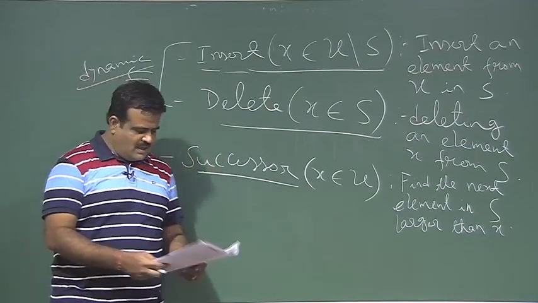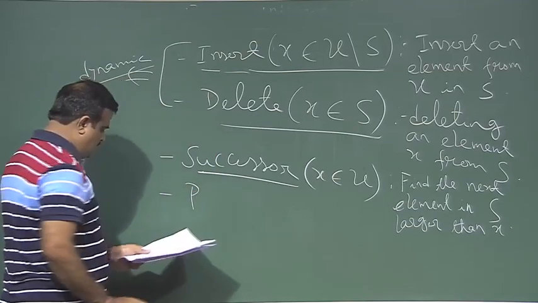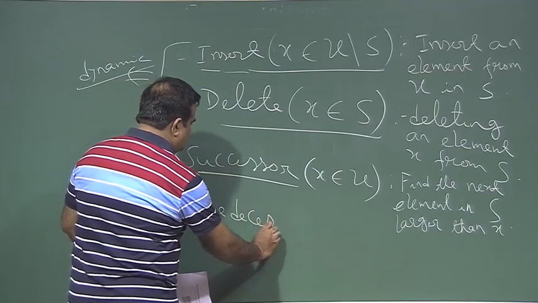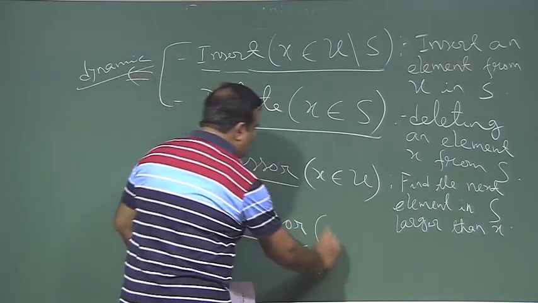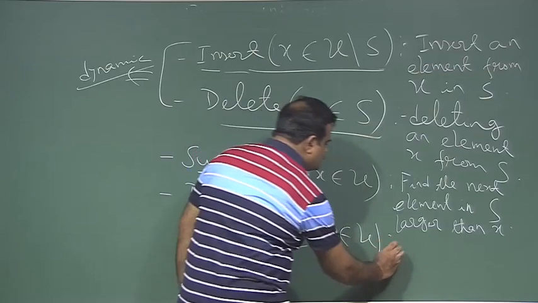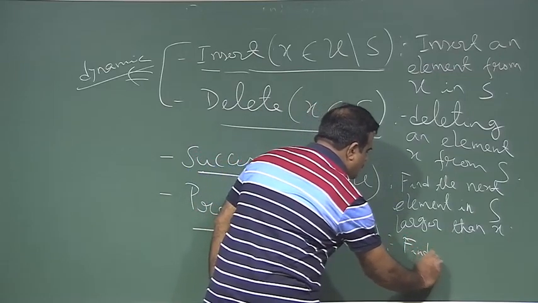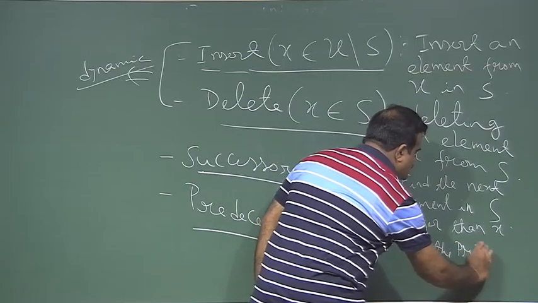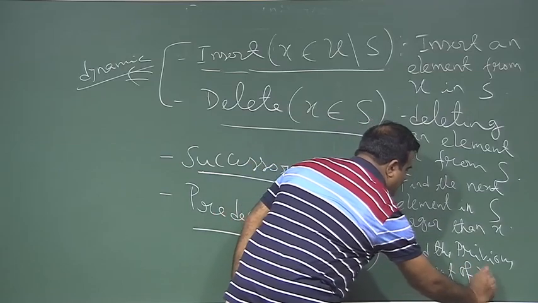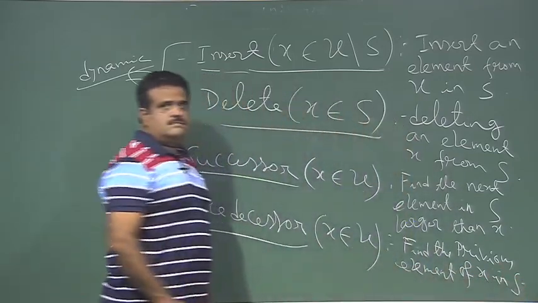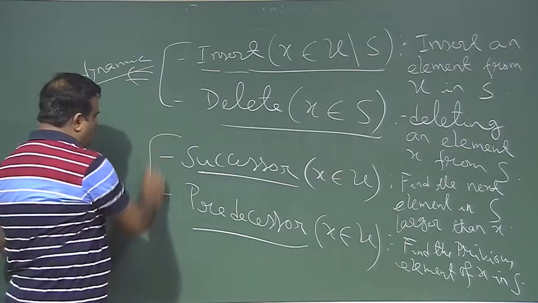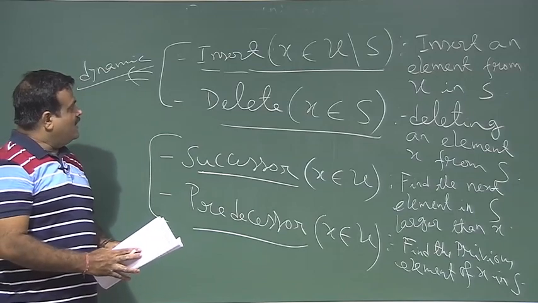So we have to find the next element of x in S. We will take an example. Similarly, the other query is finding the predecessor, the previous element of x in S. Okay, so we must be able to do these two queries, the successor query and the predecessor query.